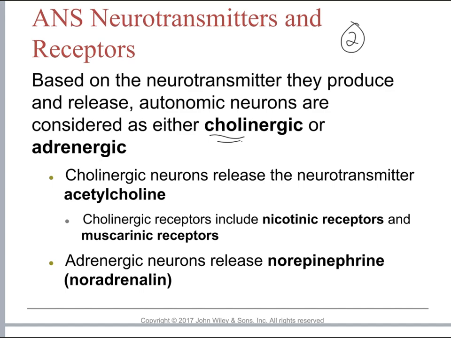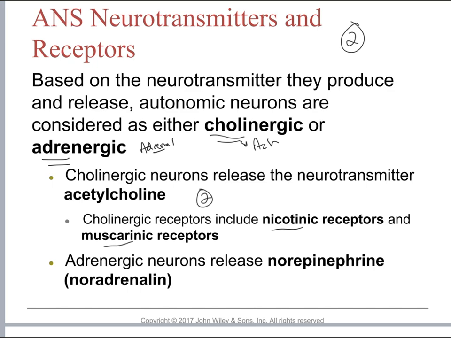Cholinergic, choline hints to acetylcholine; adrenergic, adra hints to adrenaline, right? So cholinergic neurons release the neurotransmitter acetylcholine. We can break these down into subsets of two, meaning nicotinic and muscarinic.